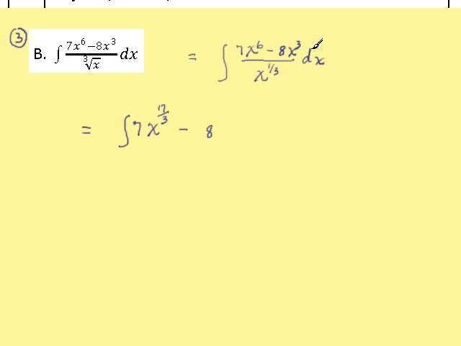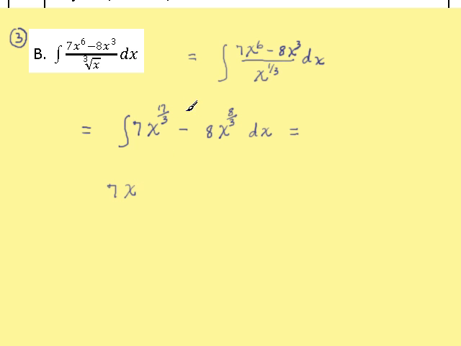Minus 8, and here we have 3 subtract 1/3. So 3 is equal to 9 over 3. 9 over 3 subtract 1 over 3, that would be 8 over 3. Okay, so we rewrote our integral as a sum of powers. And now we're ready to integrate using the power rule.